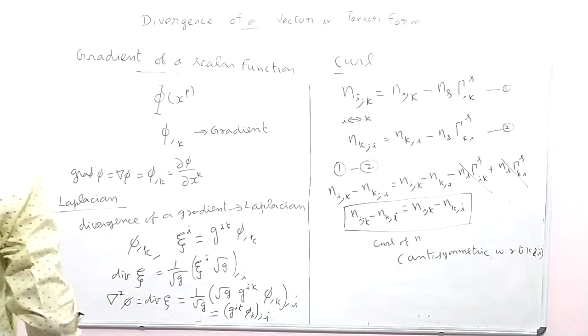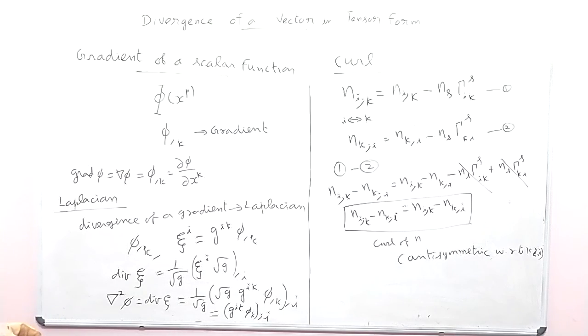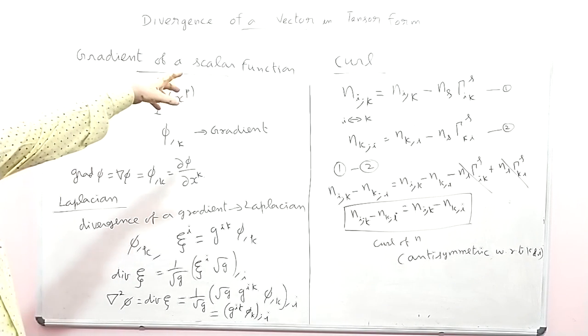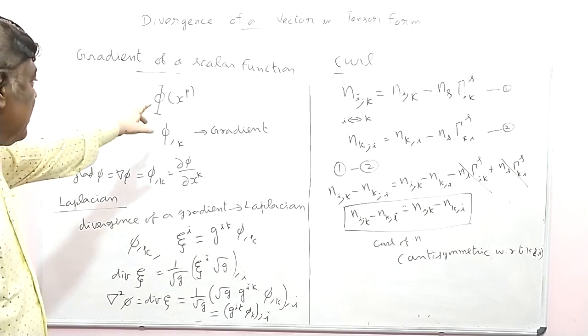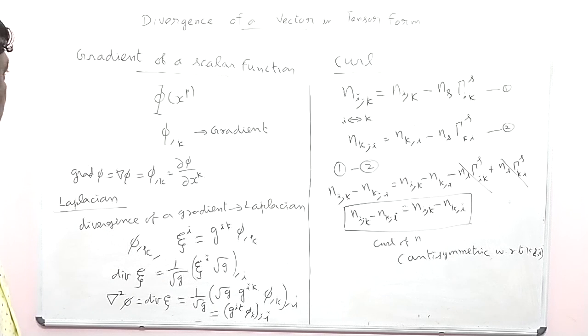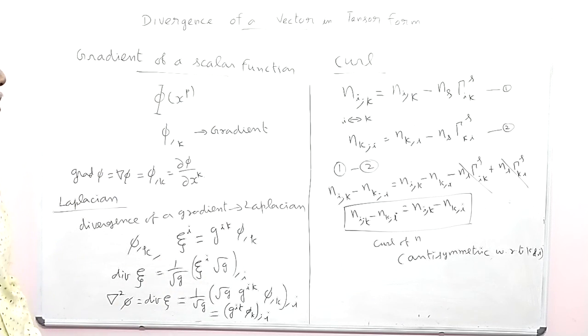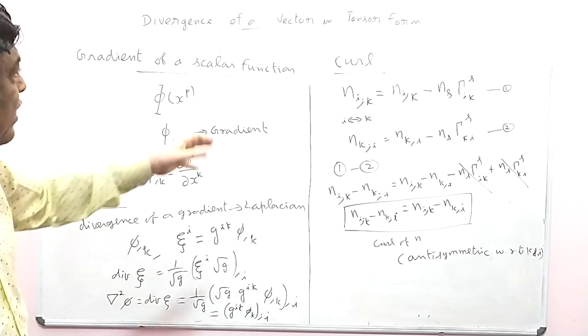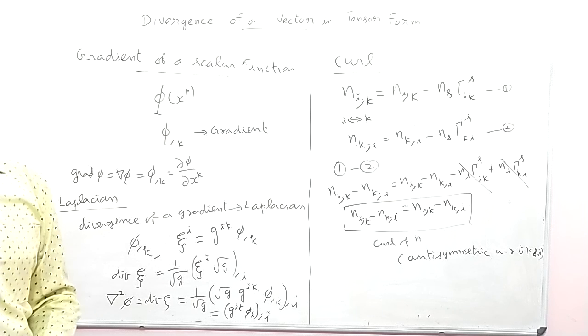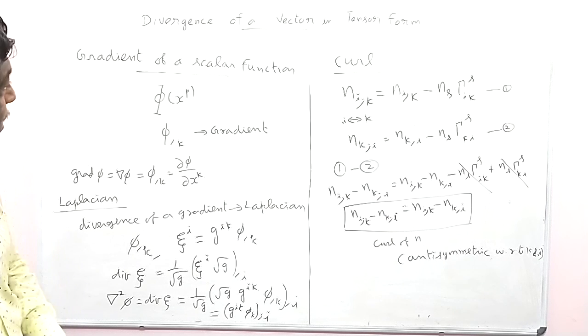So we have defined the divergence of a vector in the tensor form, gradient of a vector in the tensor form, Laplacian of a vector in the tensor form, and curl of a vector in the tensor form. So these are the tensor forms of four important operators.